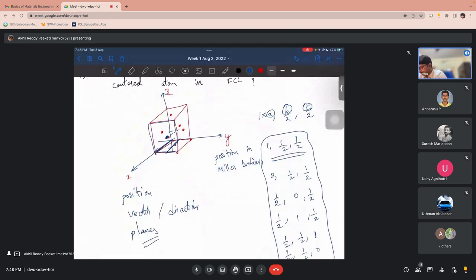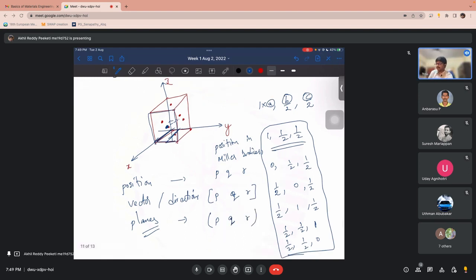If you are representing a position, you shouldn't put any brackets, just P, Q, R. If it is a vector, you will have to put square brackets, and if it is a plane, you will have normal parentheses.